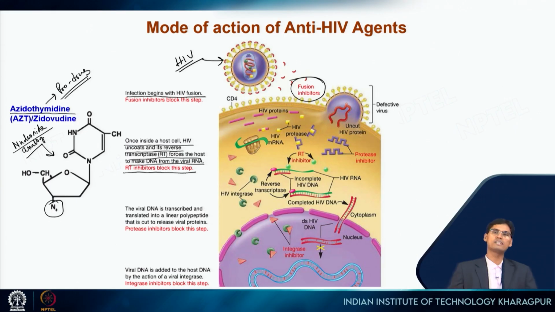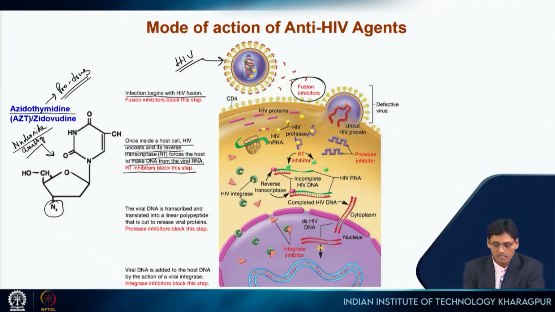It has proofreading activity. Whenever it detects wrong nucleotides, it can remove them and adjust accordingly. Compared to that, reverse transcriptase is not as powerful as human DNA polymerase to take care of this. As a result, it stops the function of reverse transcriptase specifically.